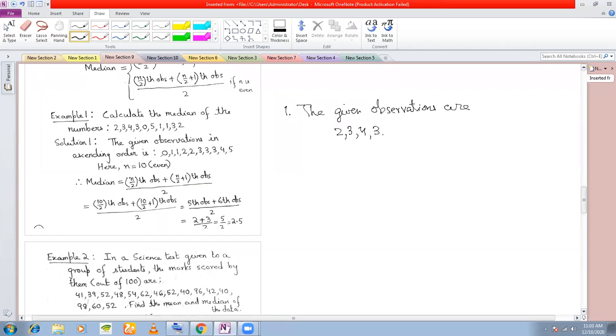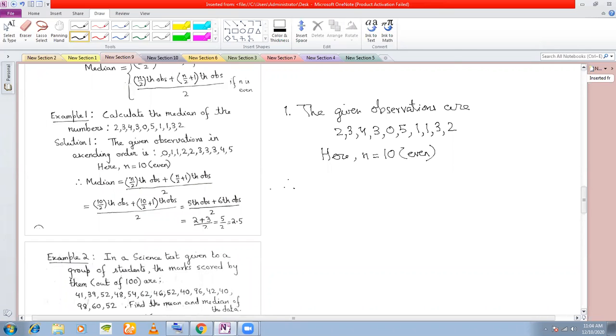See that 3 is a repeated observation, and repeated observations we take as they are. These are the observations given. If you count the number of observations, it is equal to 10. So n is equal to 10, which is even. Here the number of observations is even.